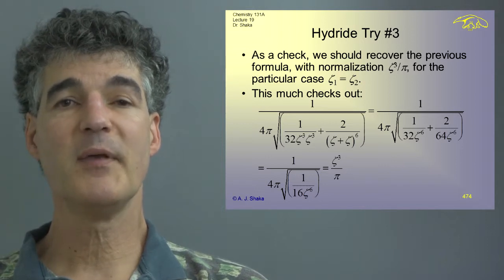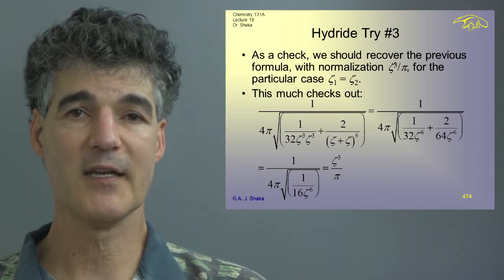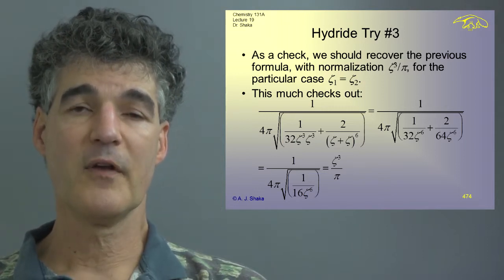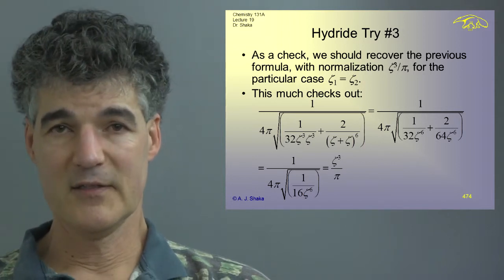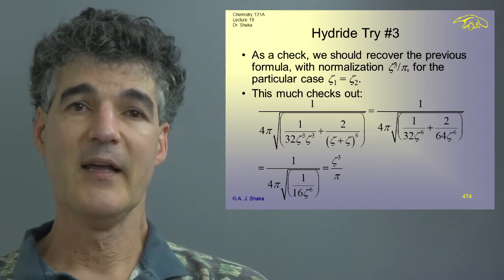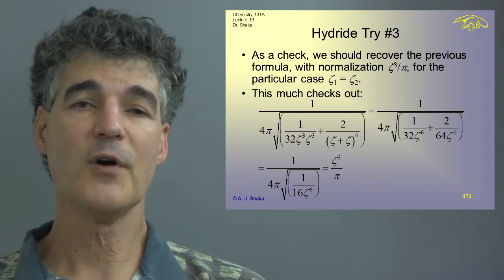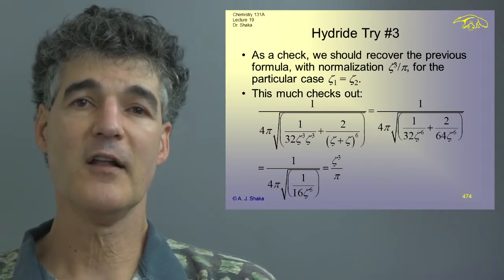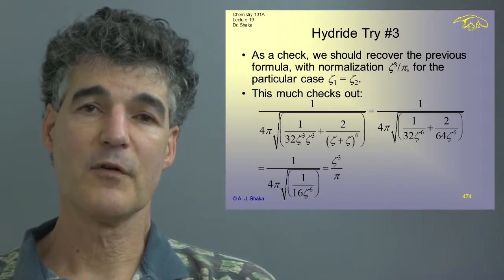That's a good thing to be able to do when you're trying to generalize something you've previously done. In fact, that's what scientists always do. When they're proposing something new, some extension of a theory, some extension to an experiment, whatever it might be, they always want to have one foot on land. You don't want to just jump into some unknown sea of knowledge where you don't have any kind of compass for where you're going.